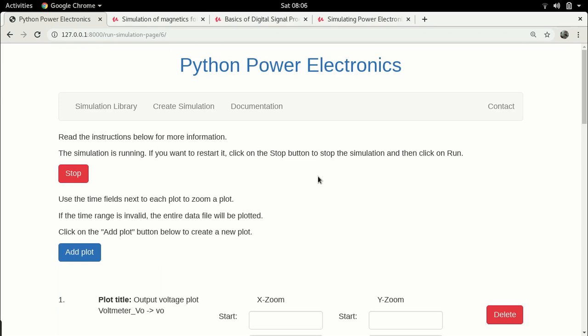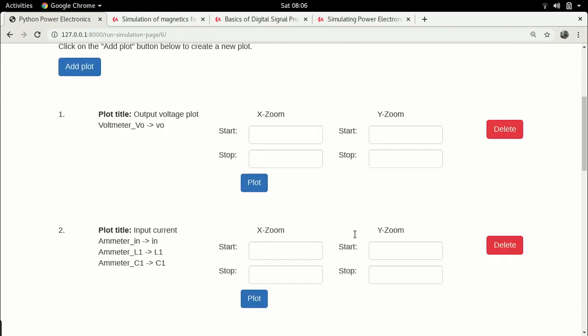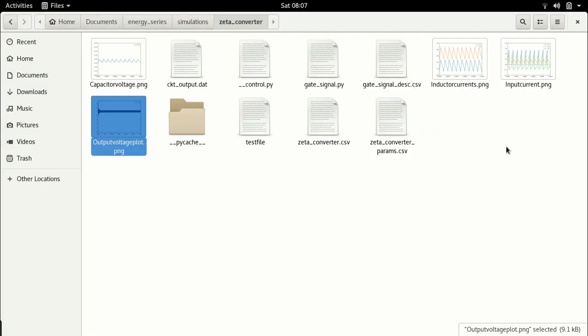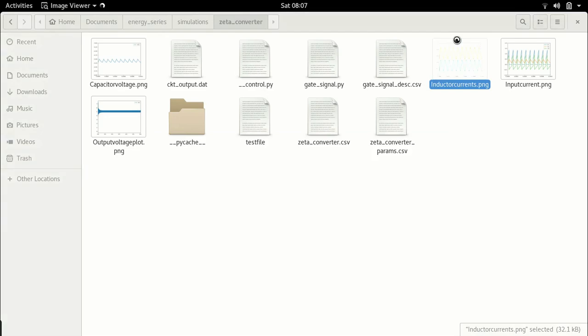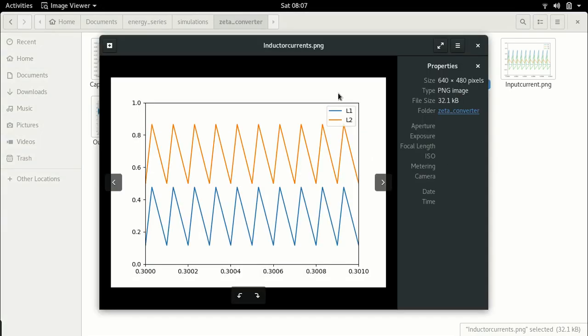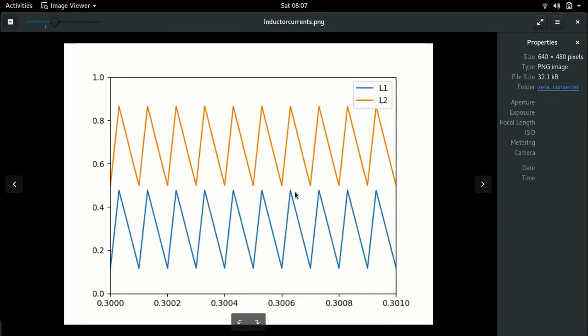Now that we're here, we should also examine another thing which we saw was different, and that is the inductor currents. We see here that the current through inductor L1 is smaller than the current through inductor L2. But this is a specific case of a low duty ratio.